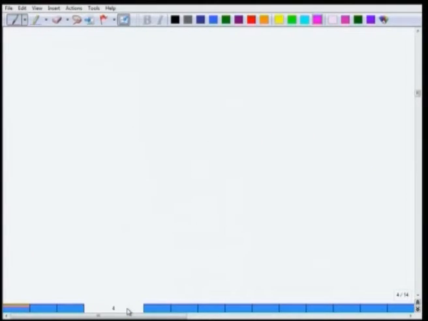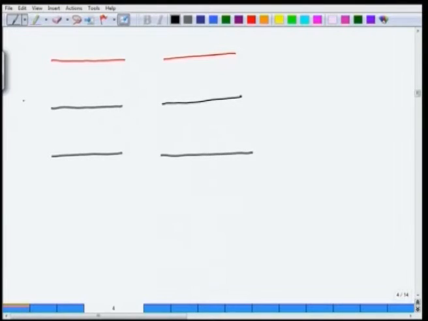So what I'm going to do is, let's take two materials. One is right here, this is the vacuum level, and this is the other material. Let's draw conduction band and valence band of the first material, and conduction band and valence band of the other material. So this is EC, this is EV, and let's call it material 1.